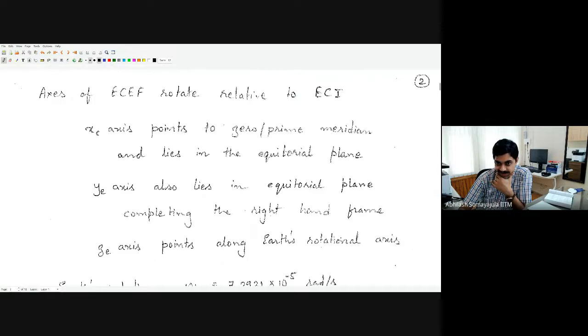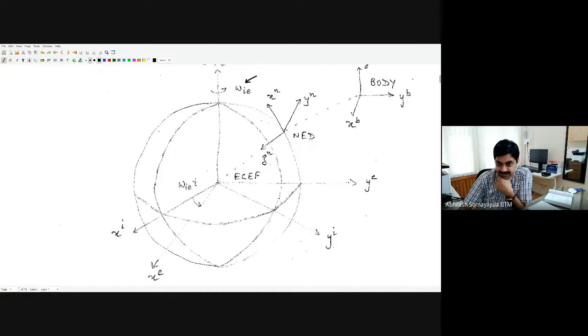So let me go back to the picture here, and you can see that NED, which is represented here, is one such plane where the XY plane of the system is tangent to the surface of the Earth. If you imagine the Earth as an ellipsoid, since it's not a perfect sphere, and I construct a plane which is normal to the surface here, it will look something like that.